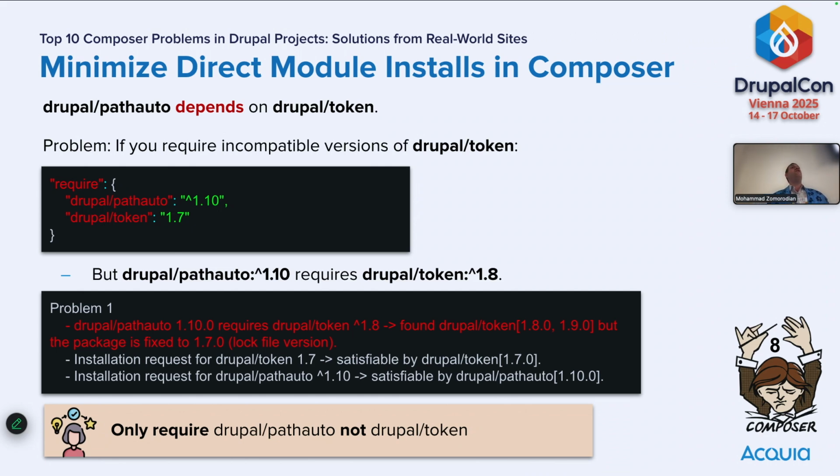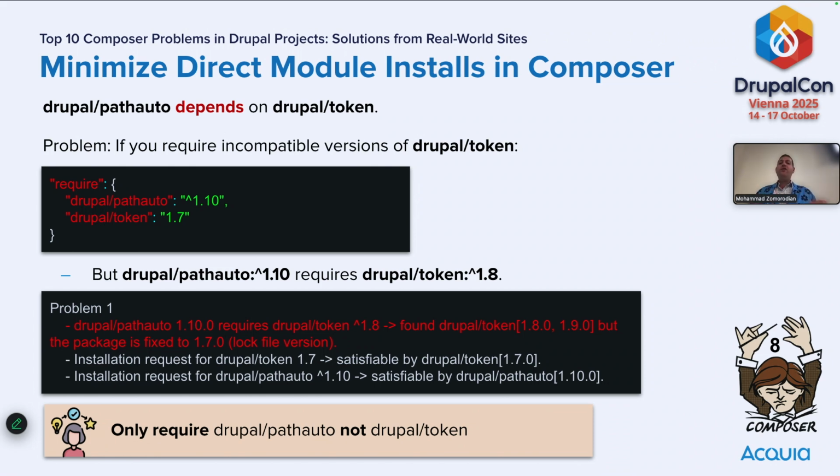Because you have defined a specific version for Token in your composer.json, and Composer is trying to install version 1.8 instead of 1.7 into your project. It can't do that because you forced Composer to keep a specific version. So you're going to get the conflict.